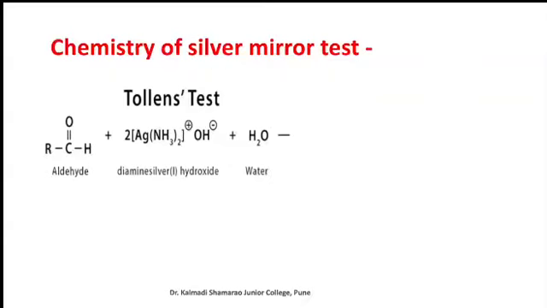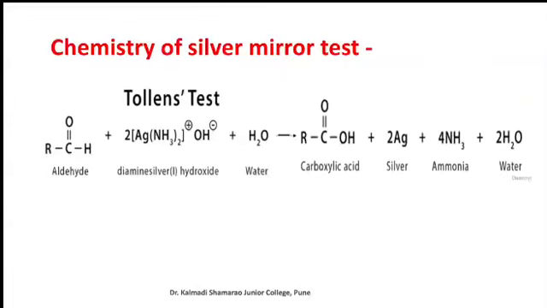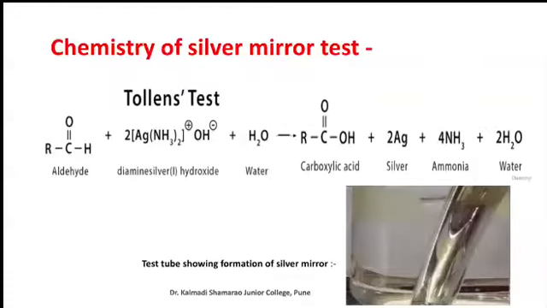RCHO, that is aldehyde, reacts with diamminesilver(I) hydroxide, that is Tollens reagent, and water, gives RCOOH, that is carboxylic acid, plus 2Ag, that is metallic silver, plus 4NH3, that is ammonia, plus 2H2O.